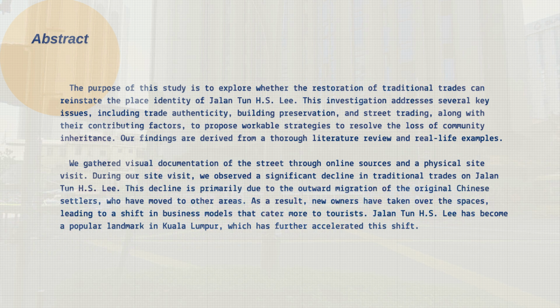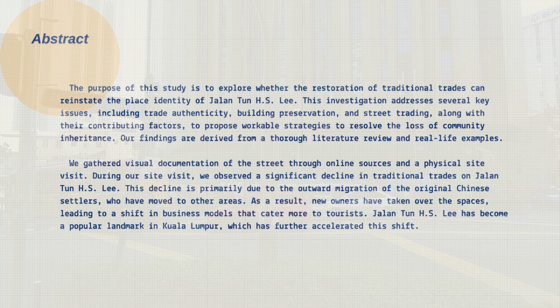During our site visit, we observed a significant decline in traditional trades on Jalan Tun HS Lee. This decline is primarily due to the outward migration of the original Chinese settlers who have moved to other areas. As a result, new owners have taken over the spaces, leading to a shift in business models that cater more to tourists. Jalan Tun HS Lee has become a popular landmark in Kuala Lumpur, which has further accelerated this shift.